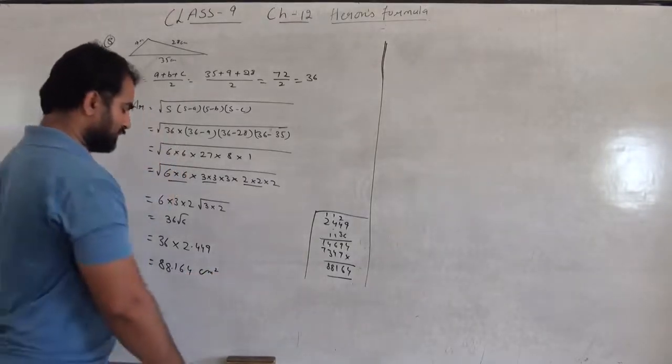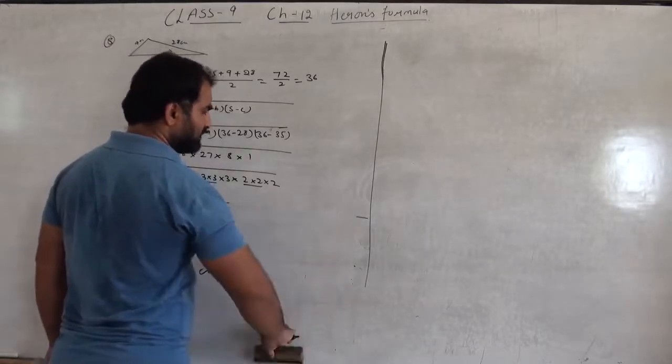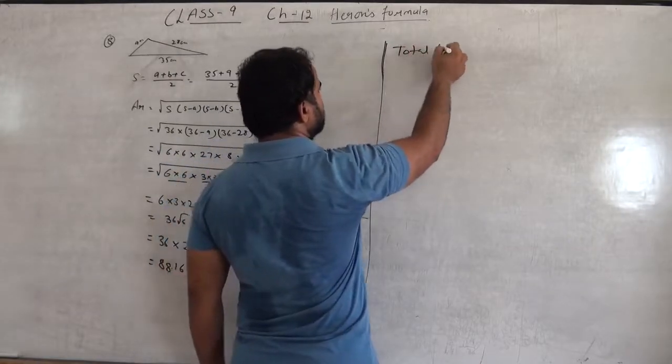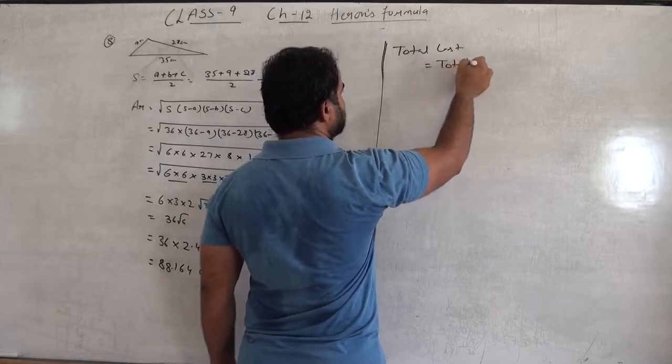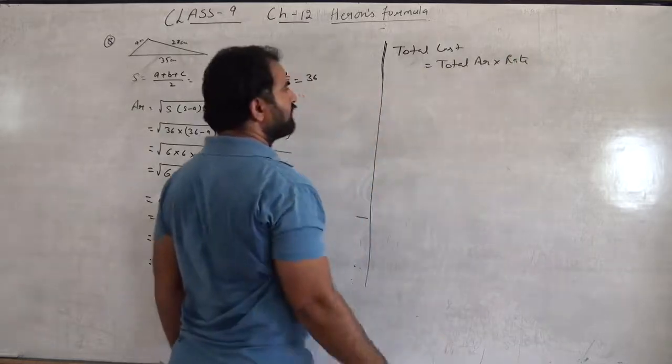Okay, now what we have to do is we have to find area of 16. So total cost equals total area into rate.